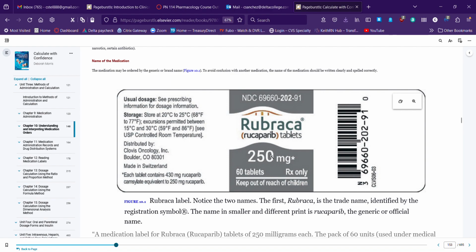Then you're going to have the milligrams or the dosage. It could be in micrograms, it could be in milligrams, whatever the dosage comes in. So you can also usually see on here an expiration date, and then it's going to give you a little bit more information about how to store it, and who it was distributed out of.